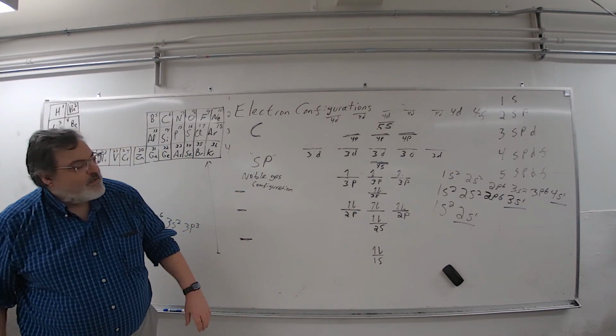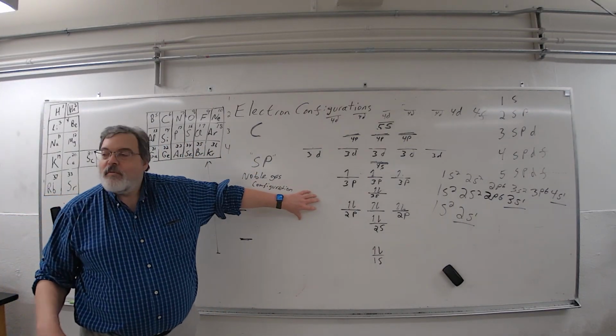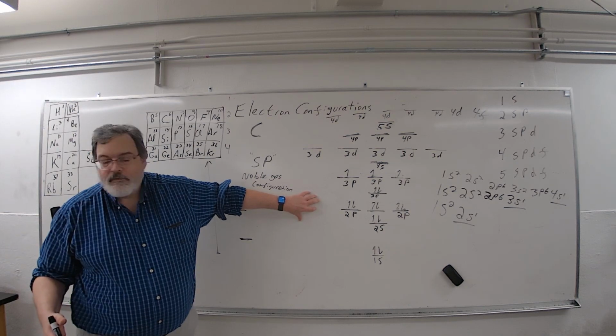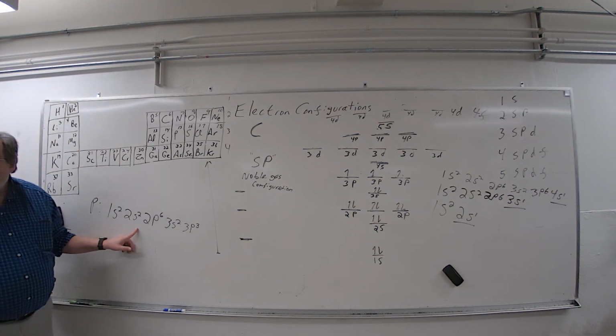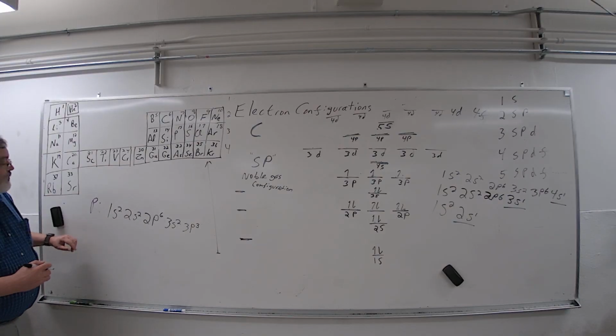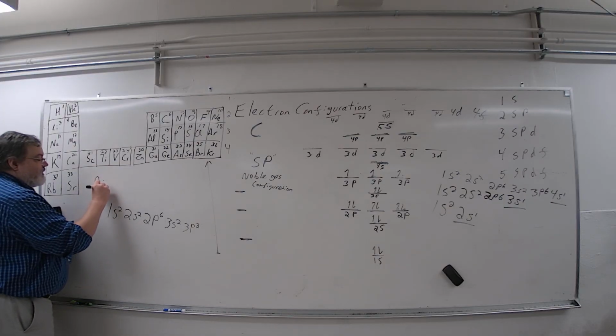So going back to the beginning, there's one way to show the electron configuration of phosphorus. Here's another way to show the electron configuration of phosphorus. Here's one more way to show the electron configuration of phosphorus.